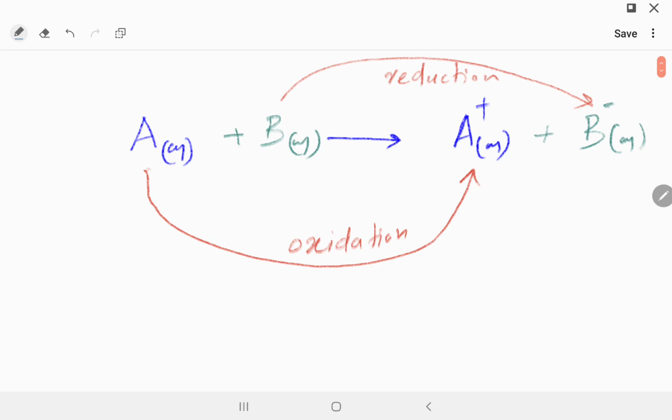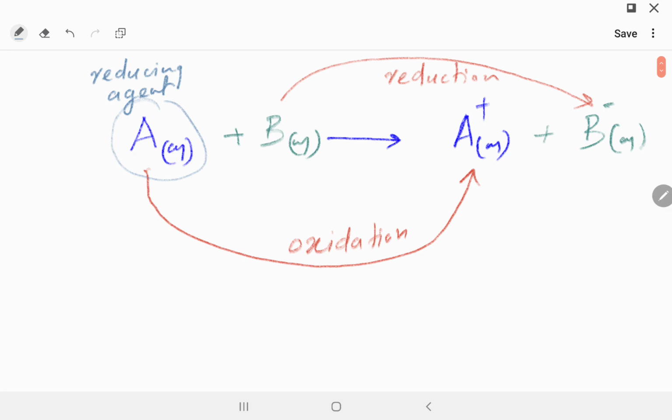The species that is going through oxidation, so A is going through oxidation, as you can see, we call it the reducing agent. Why? Because A is the agent that helps the reduction, right?